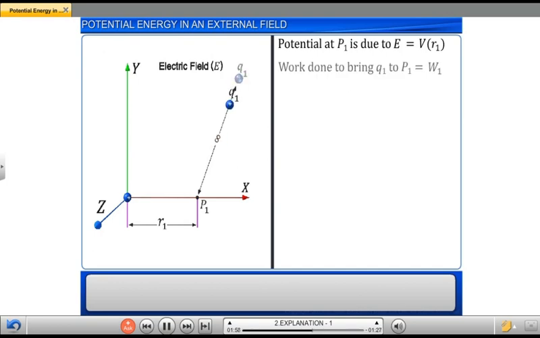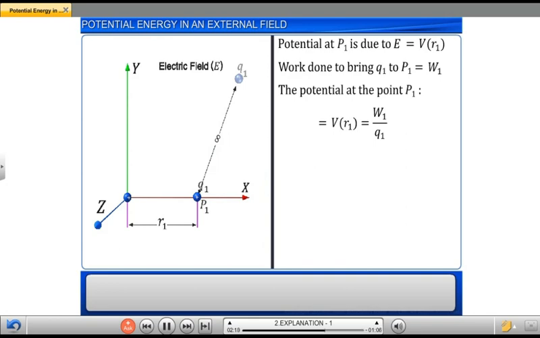If W1 is the work done to bring the charge Q1 from infinity to the point P1 in the external field, then the external electric potential at the point P1 is V of R1 equal to W1 by Q1.